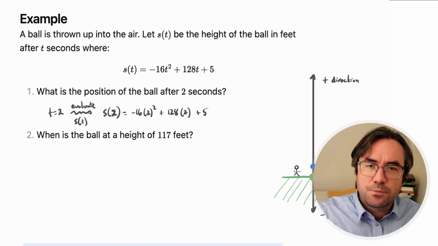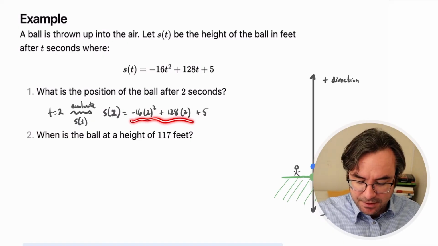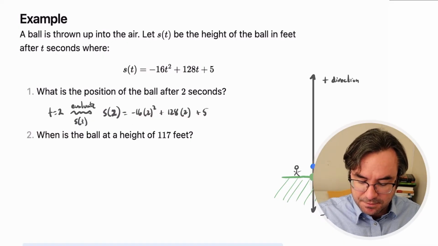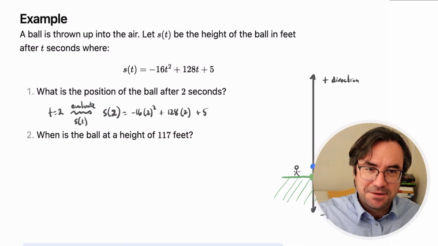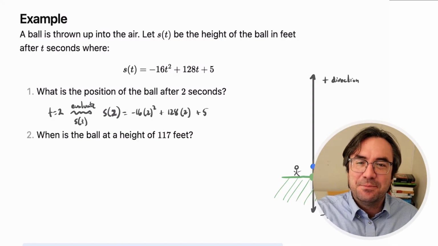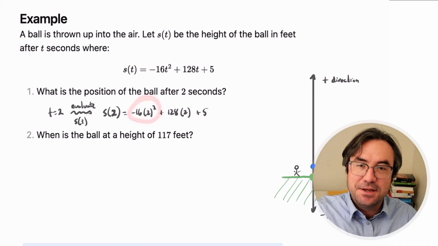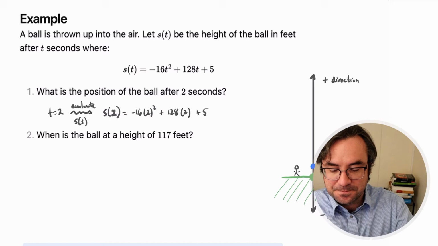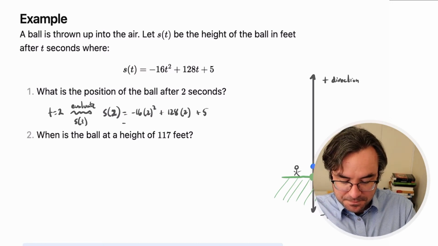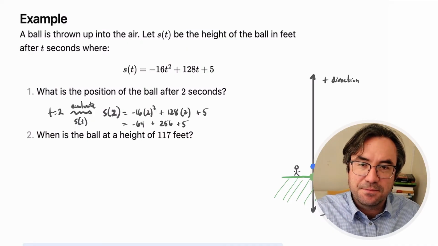We could probably simplify this down, and if you wanted to use a calculator on something like this, I wouldn't necessarily disagree. But actually the numbers here aren't too bad. So this is negative 64, and this is 256, and then we've got our plus 5.